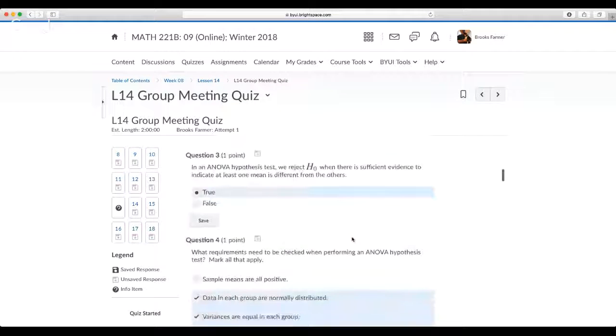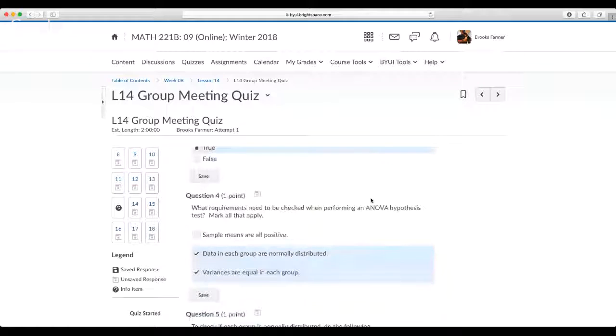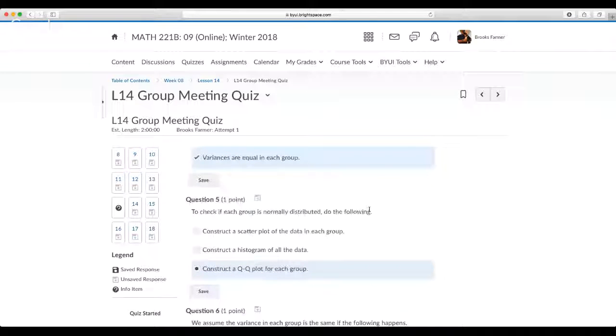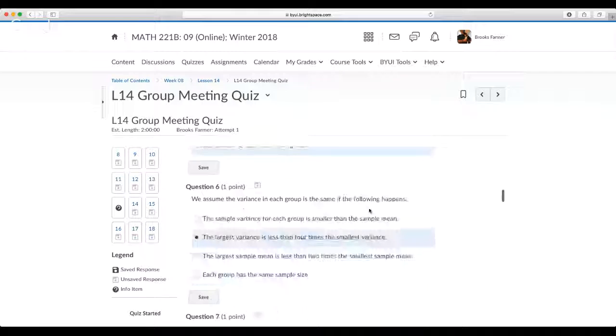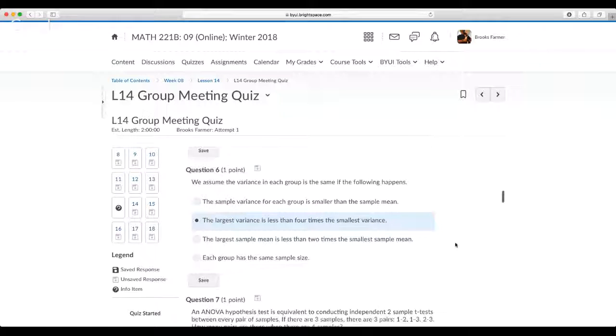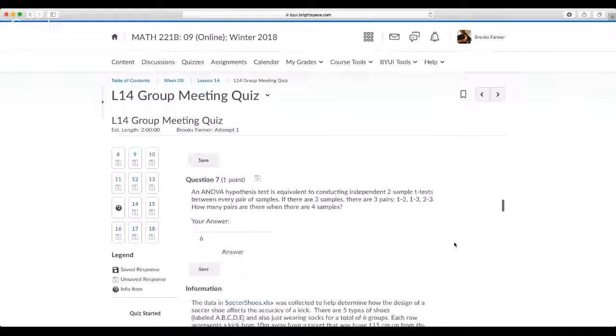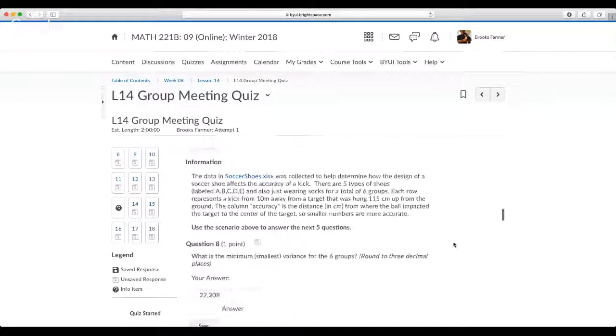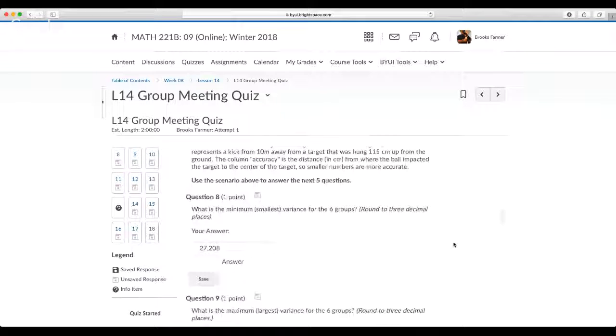So 3 is true. 4 is B and C. 5 is C. 6 is, what was 6? B. Yeah, I got it up here for you so you can look at that. 7 is 6. I have to go back and forth to my screens because they're both pulled up on the same browser.